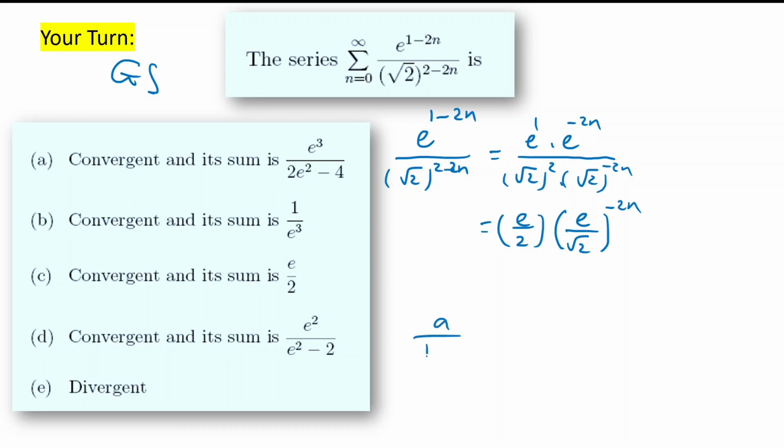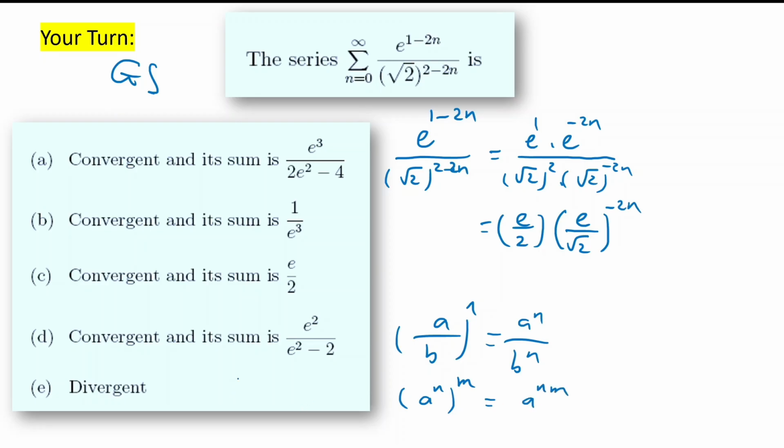Remember, if you have a over b to the power of n, you could easily write it as a to the n over b to the n. This is the rule I'm using. Now remember, we need n, not 2n or negative 2n. How can I deal with this? I'll use the exponent rule. a to the power of m to the power of n equals a to the power of mn, right?